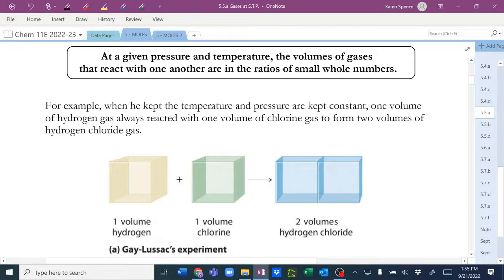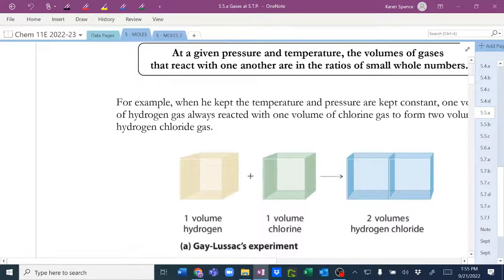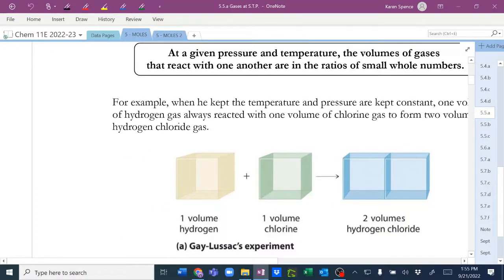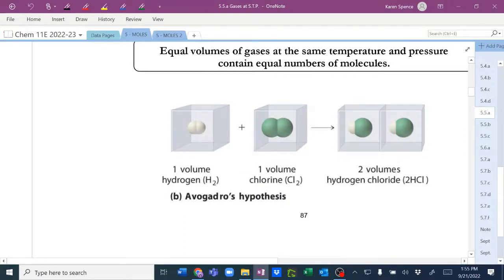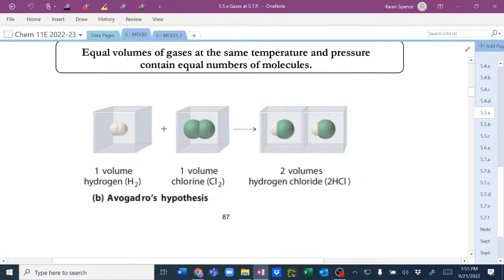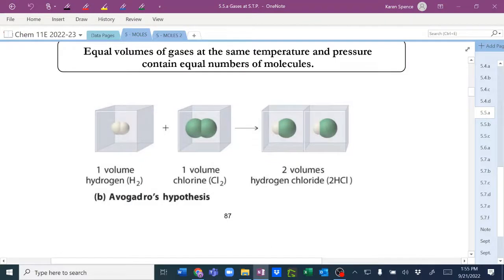Now, if I was to ask you to please write the reaction for hydrogen plus chlorine giving hydrogen chloride, could you do that? Is it down here? Oh, look, it is. Then let's not bother. Okay, so we have hydrogen, H2, plus Cl2 gives, what kind of a reaction is this?